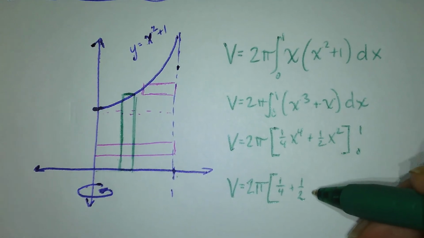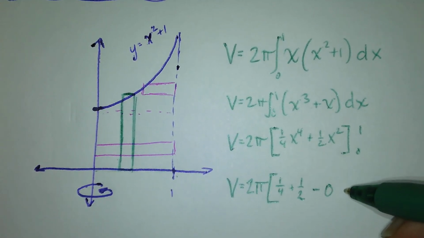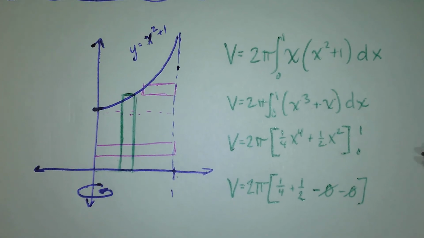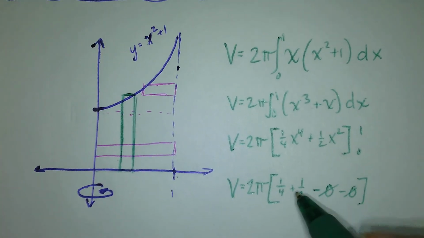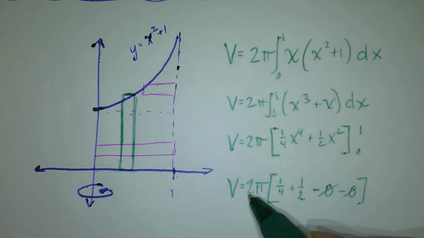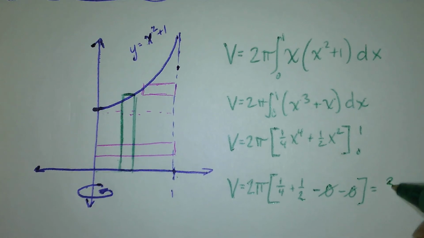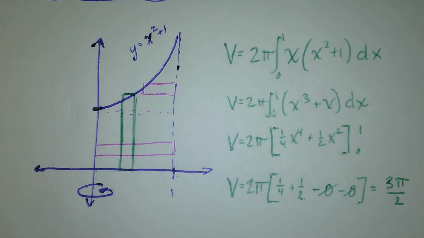And when we plug in 0, we get minus 0, which of course just cancels. So 1/4 plus 1/2 is 3/4. So 3/4 times 2 pi will be 3/2 pi, or 3 pi over 2.